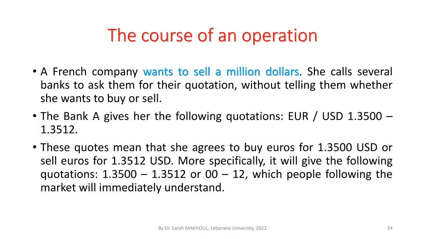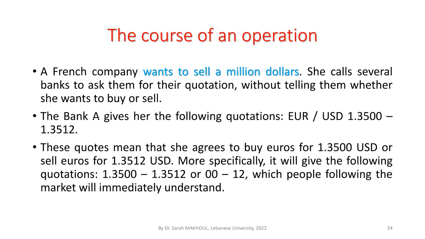So these quotations she received from Bank A are for euros against dollars: 1.3500, 1.3512. They may be using an abbreviation, so if the first figures after the decimal are the same for both, they may use only the difference at the end, as mentioned, as follows.